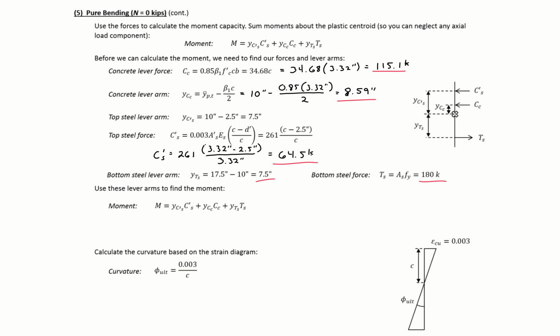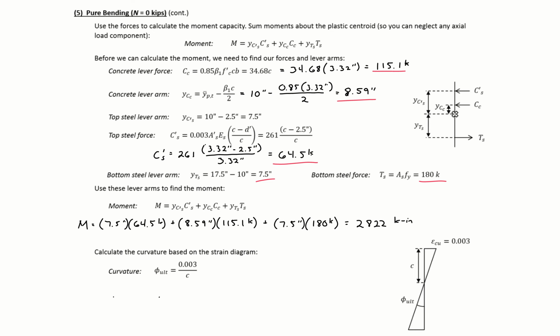And our moment's just going to be equal to 7.5 times 64.5 kips, plus 8.59 times 115.1 kips, plus 7.5 times 180 kips, which will give us a moment of 2,822 kip-inches.